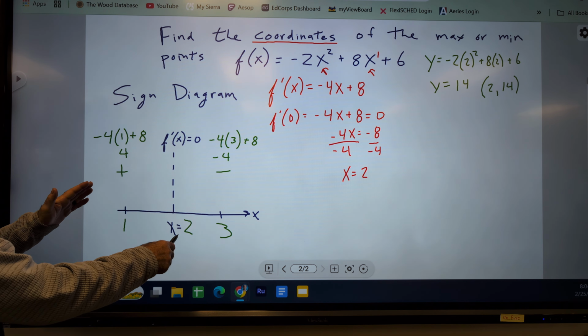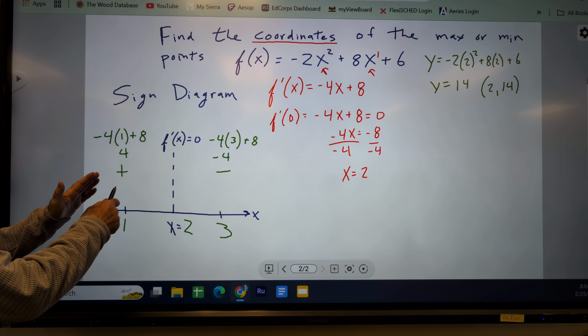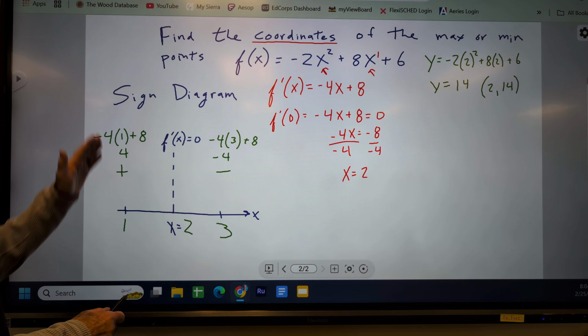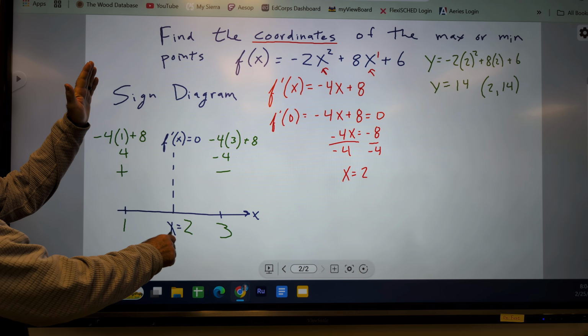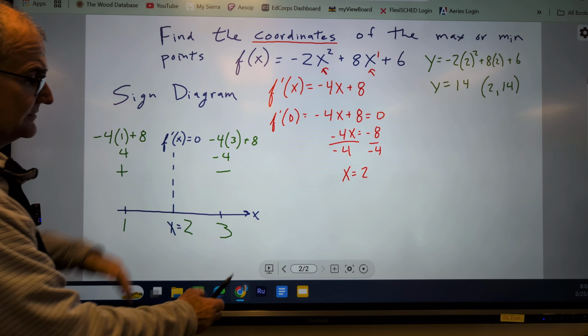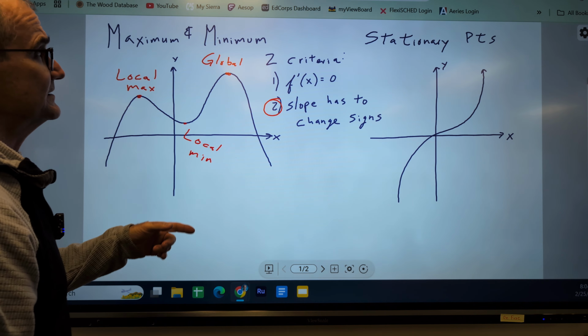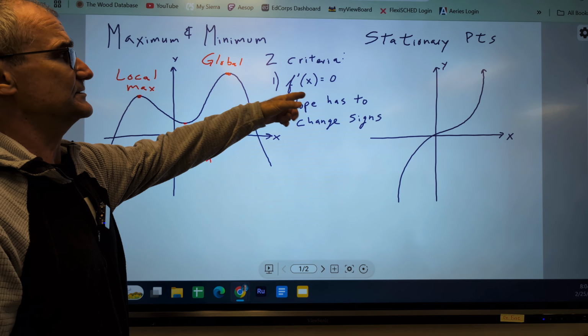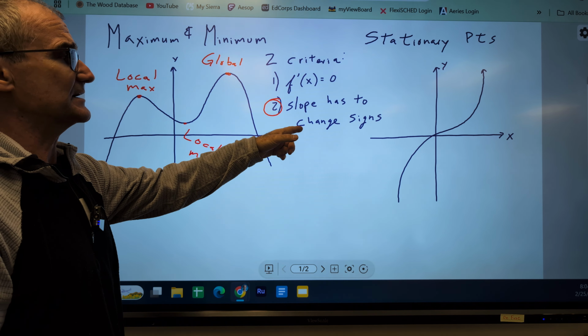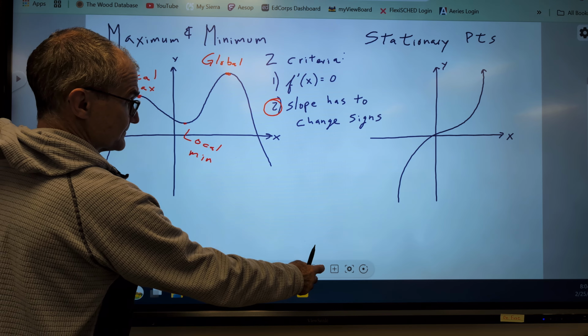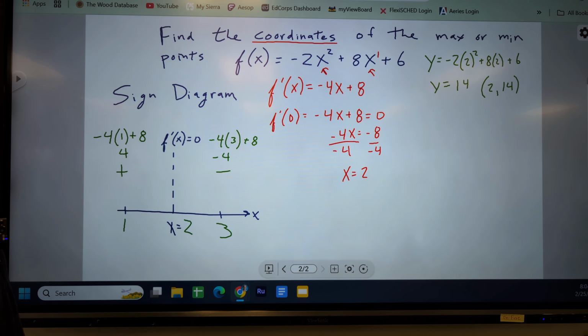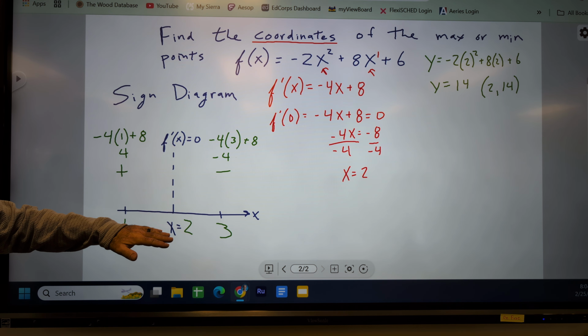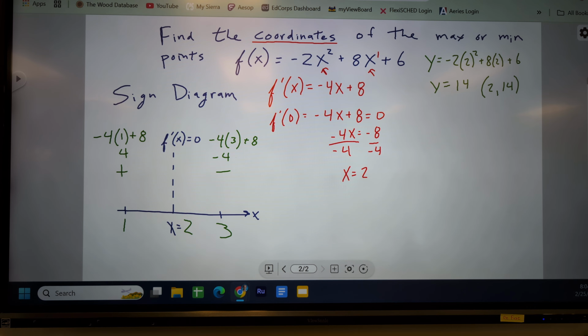The slope to the left of that value is positive, going uphill, and the slope to the right of it is negative. So remember, we have 2 criteria for our max. The derivative is equal to 0, and the slope has to change signs. We have both of those. Our solution is (2, 14), and we checked it with a sign diagram.